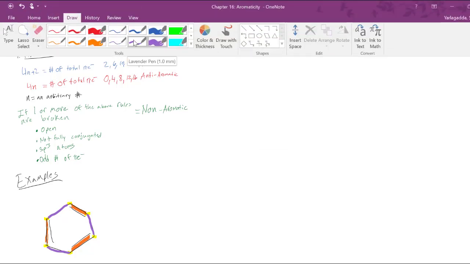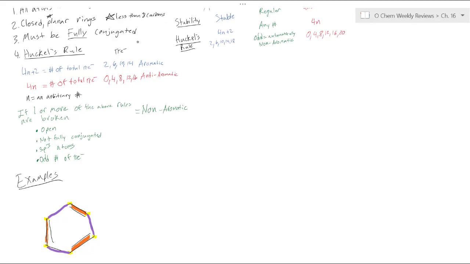Okay, so remember how to count pi electrons: a double bond equals 2 pi electrons, a negative charge that is resonating with the pi system is 2 pi electrons, a positive charge is 0 pi electrons, and I guess also a triple bond is 4 pi electrons.